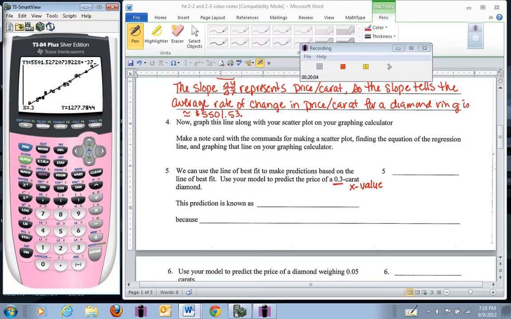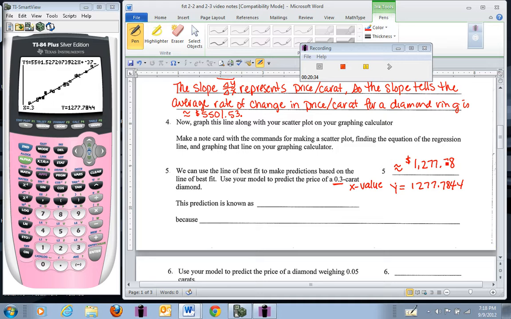And when I do that, I get that y is equal to 1277.7844. Well, I'm going to answer this question over here. It's in dollars and cents, so I'm going to say it's approximately $1,277.78. That's what my 3/10 of a carat diamond would cost.